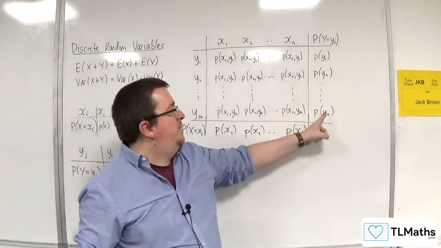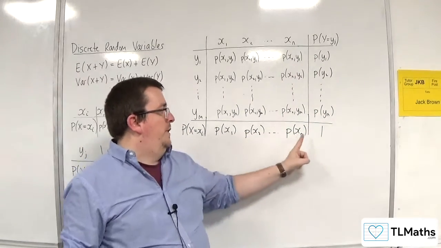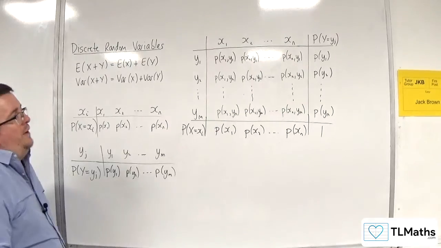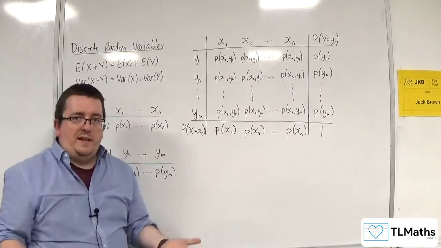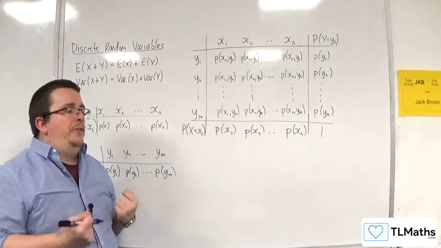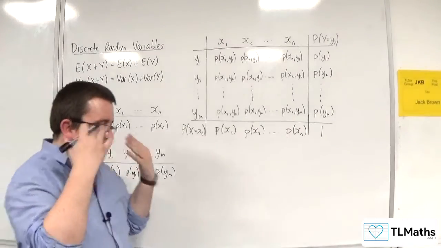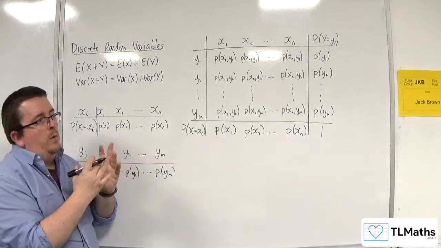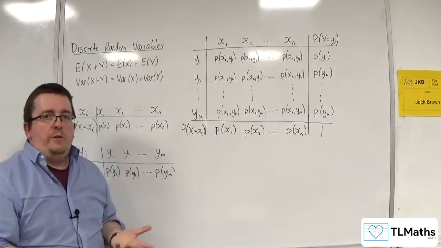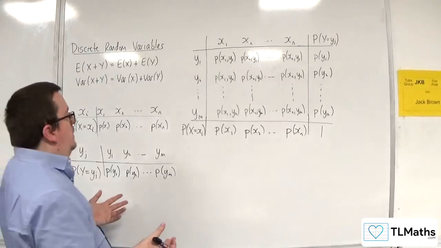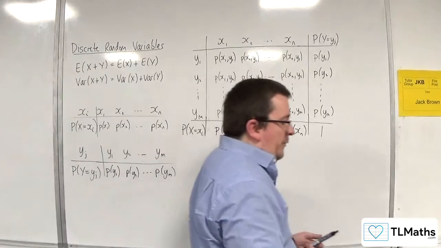So this essentially shows you all the probabilities that we're dealing with. That might seem like it's going over your head at this point, but essentially we're dealing with all possible scenarios here. So how do you work out E of x plus y?